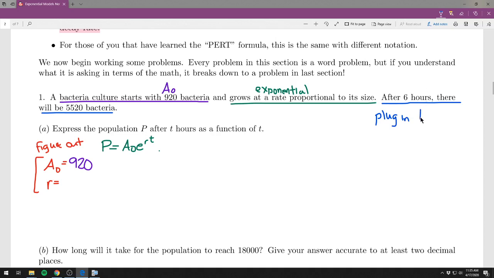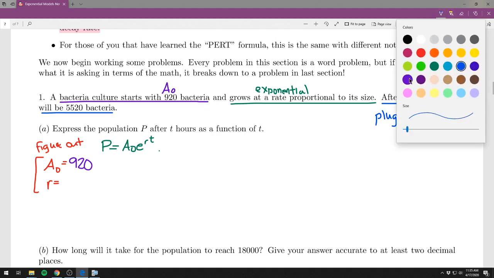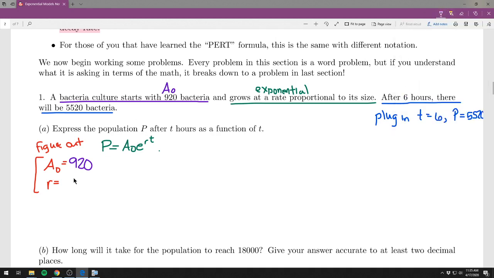We're going to plug in t equals 6, and we're told the population will be 5,520 at that time. So we're going to plug in P equals 5,520 and t equals 6. And also don't forget to plug in our A0, along with it in our equation.